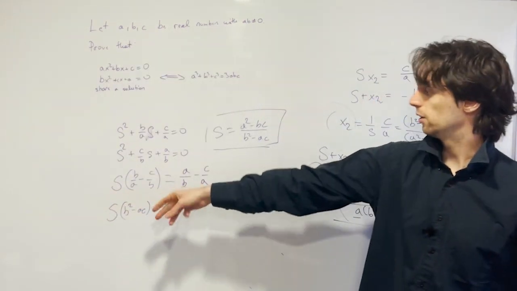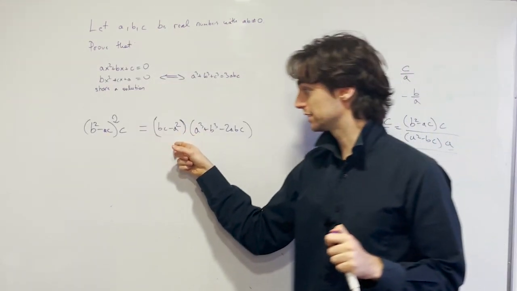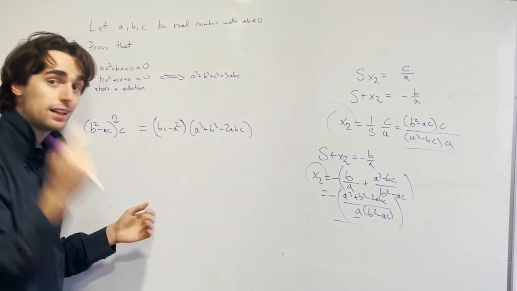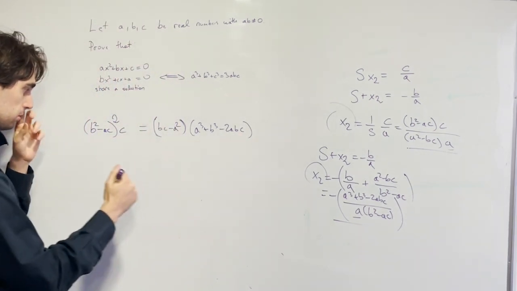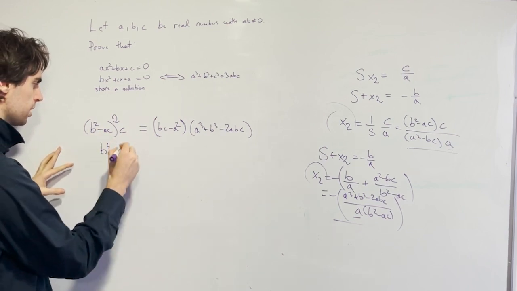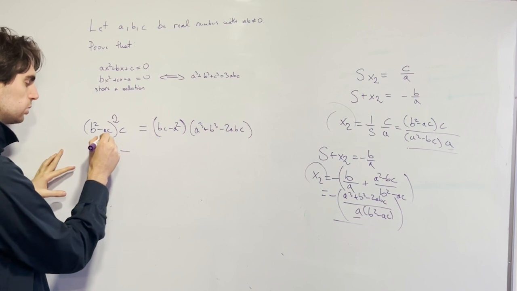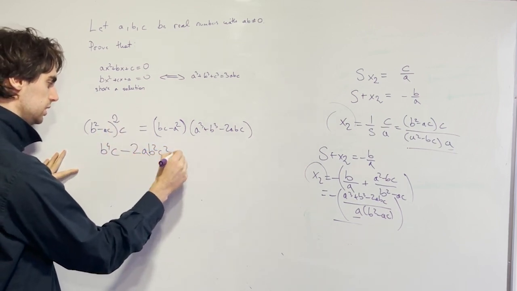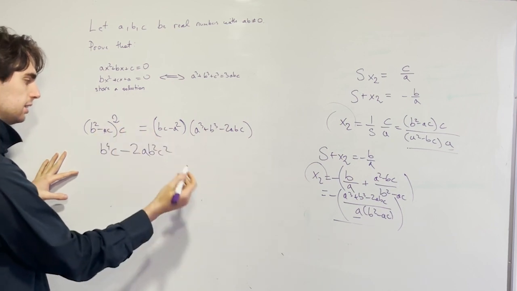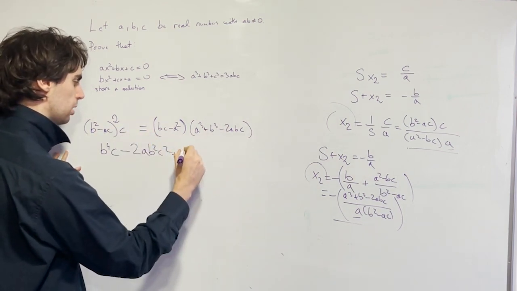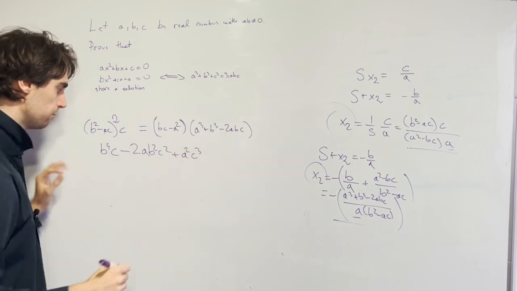Namely, if we factor it out here, and once you multiply everything through, and there's not a lot of things to multiply through, what do we get? We get b to the power of 4c minus 2b squared ac minus 2ab squared c squared, and then we get plus a to the power of 2c cubed.